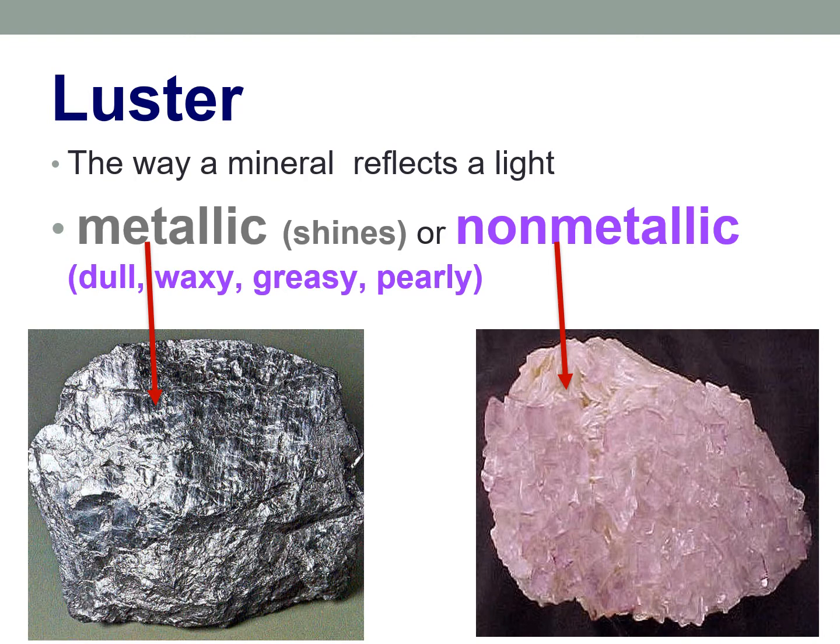It's a little more dull, it's not quite as shiny, a little waxy looking. Again, luster is just one of the many ways when we combine that with color and streak and now luster, we're getting closer and closer to being able to identify exactly what mineral this is.